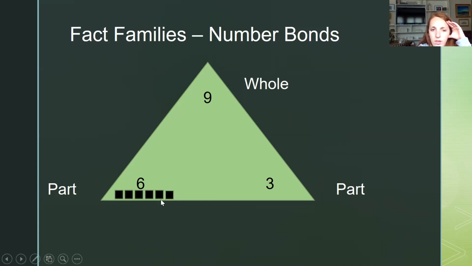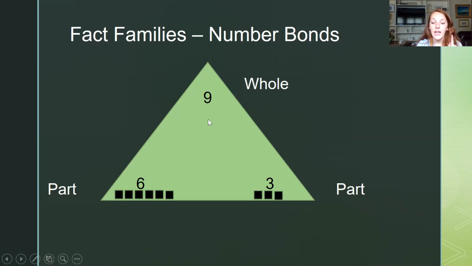So I drew 6 here. 1, 2, 3, 4, 5, 6. Let me draw 3 here. 1, 2, 3. So here's a part. This part is 6. This part is 3. But if I put them together, they make a whole. And what do you think that whole is going to be? Part, whole. It's going to make what when we put all of these parts together?